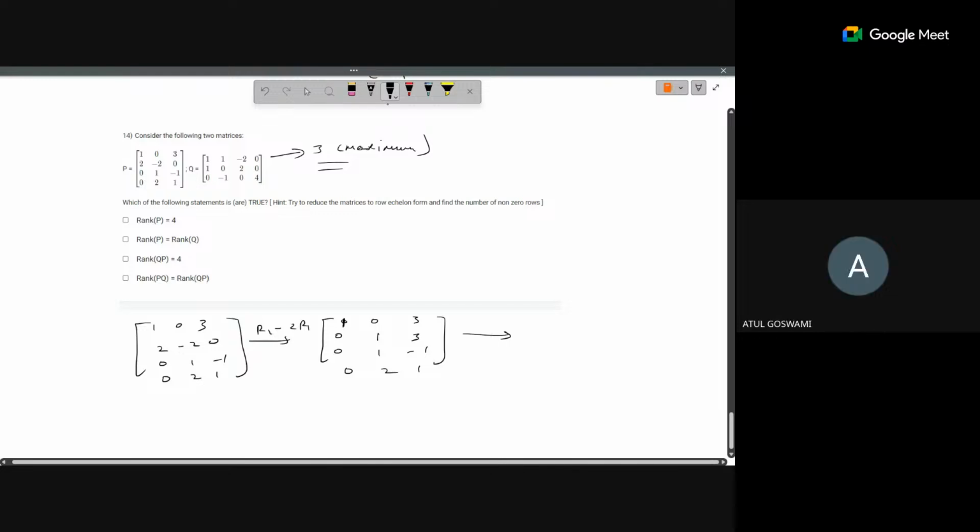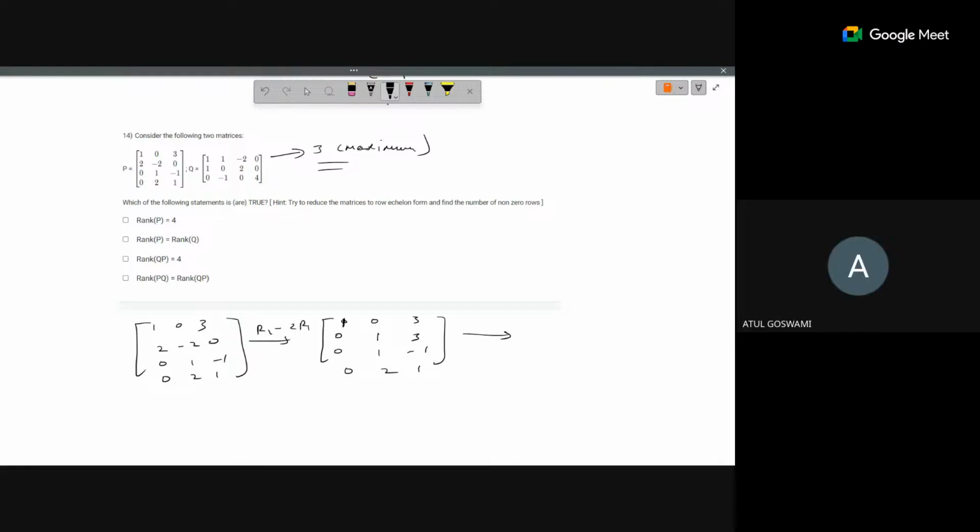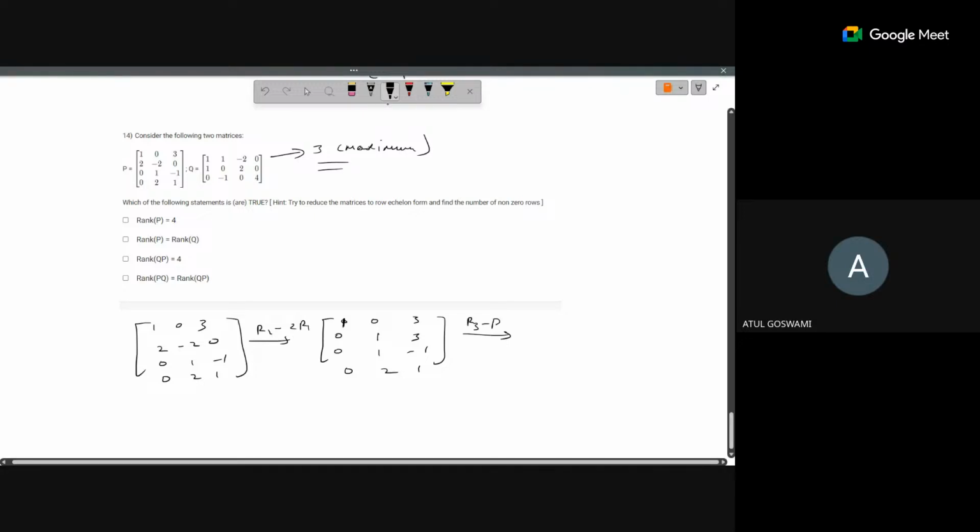Then what you can do? Make this 2 in the last row; this is one, we should make this 0. So R3 minus R2, we get 1 0 3, and we have 0 1 3, 0 0 minus 1, minus 4.